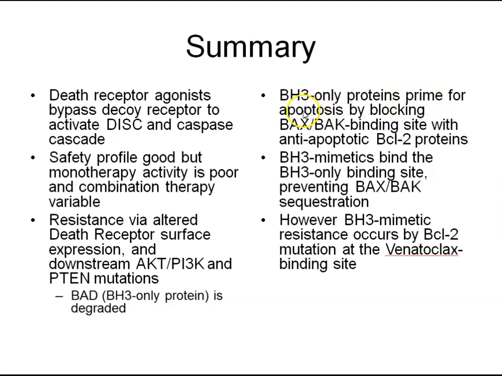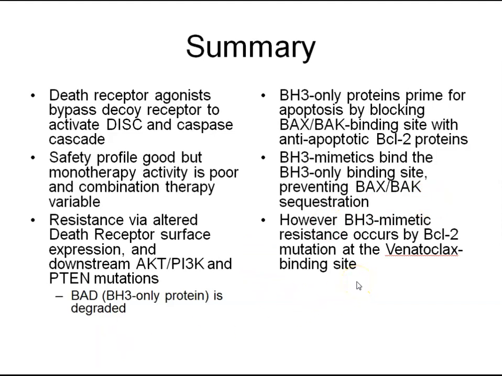These prime the cell for apoptosis by blocking the BAX and BAK binding sites on BCL2 itself. So BH3 mimetics bind to this same site. They bind to BCL2, they prevent BCL2 from binding to BAX or BAK, and therefore whatever BAK or BAX is lying around is free to then create the pores in the mitochondrial membrane to release cytochrome c and procaspase 9.